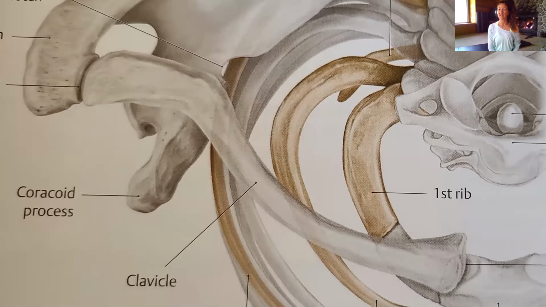Notice if you have any different awareness of the ball of your foot on the right foot versus the left, and the soft tissue on the inside edge of your foot.